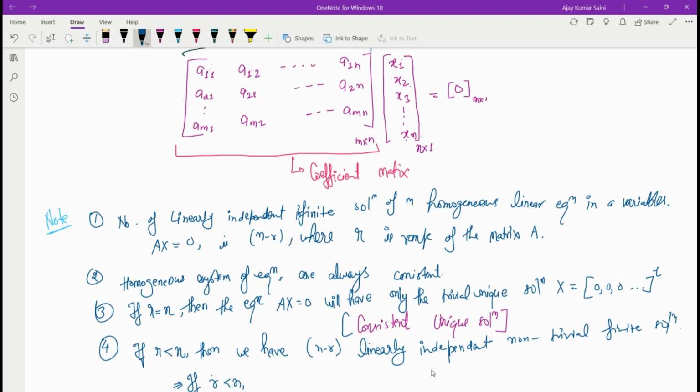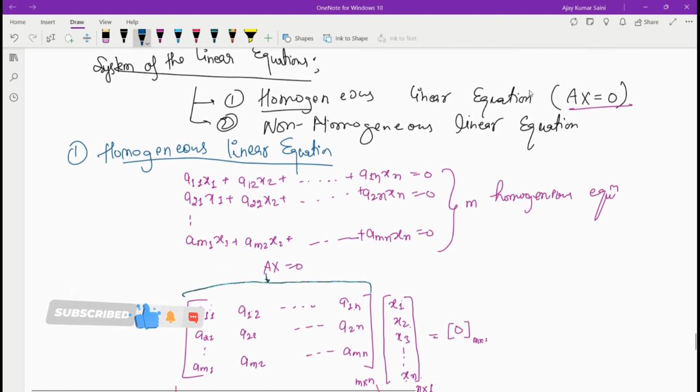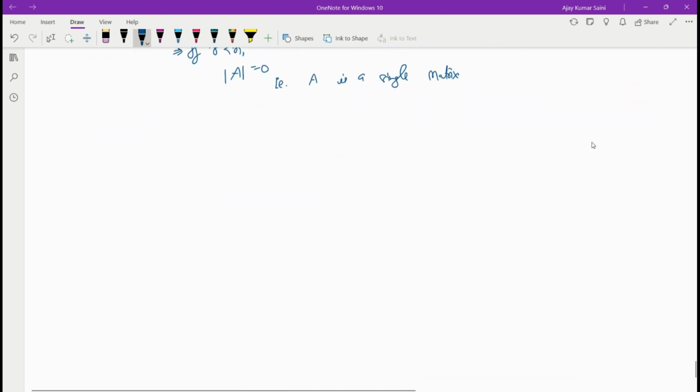For non-homogeneous, Ax does not equal 0.